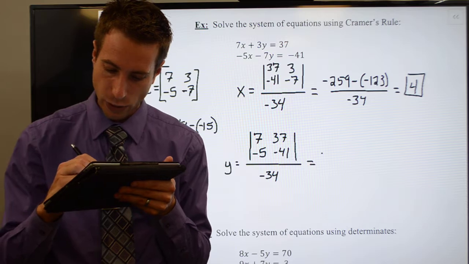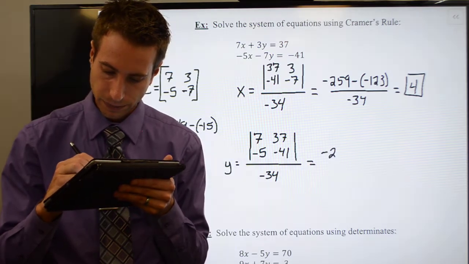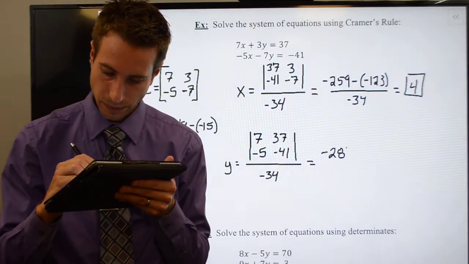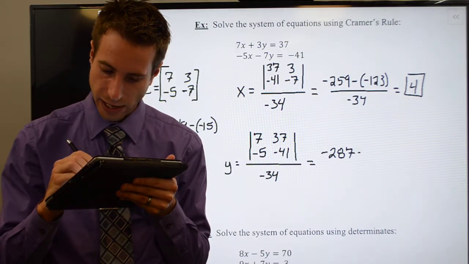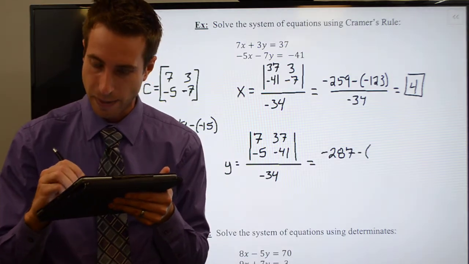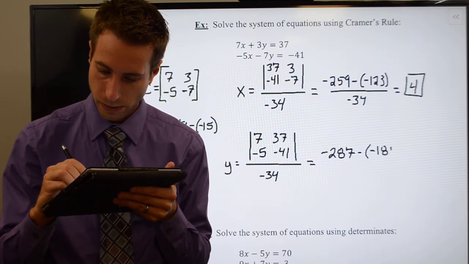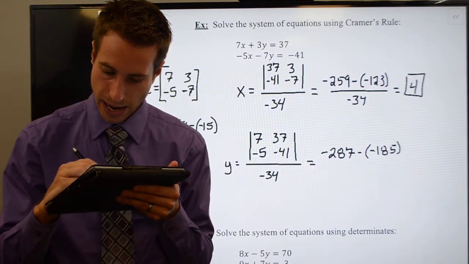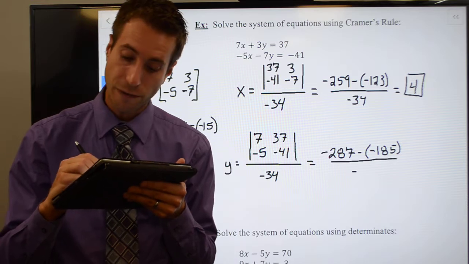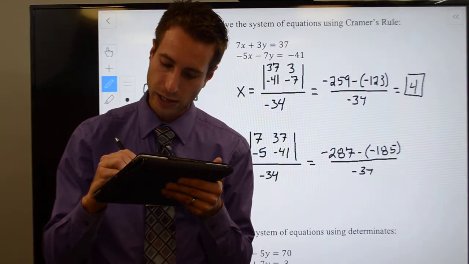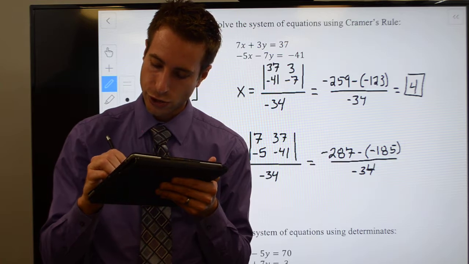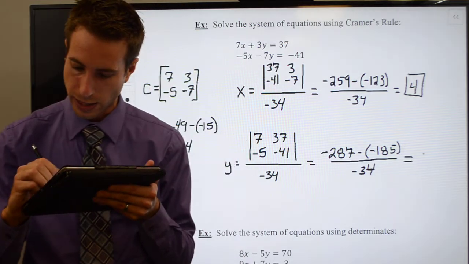I get -287 minus, careful, watch your signs, it's going to be a negative number, -185. Add the opposite, divide by a -34. Don't fat finger something on your calculator, and it should give you a 3.